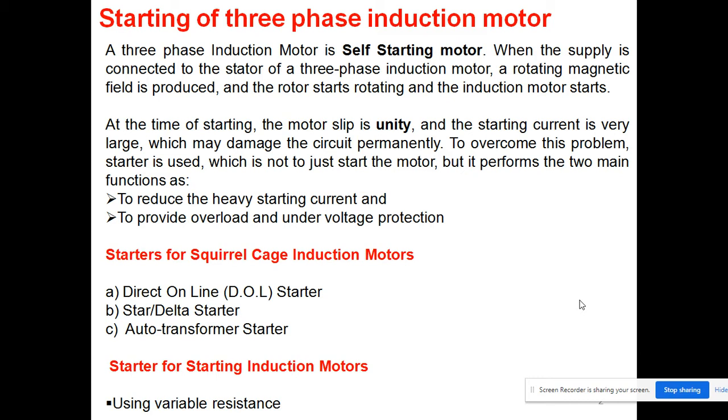One is the direct online starter, then the star delta starter, and third is the auto transformer starter. For the phase wound or slip ring motor, I will use one method, which is usually using variable resistance. Today we will discuss the direct online starter and the star delta starter.